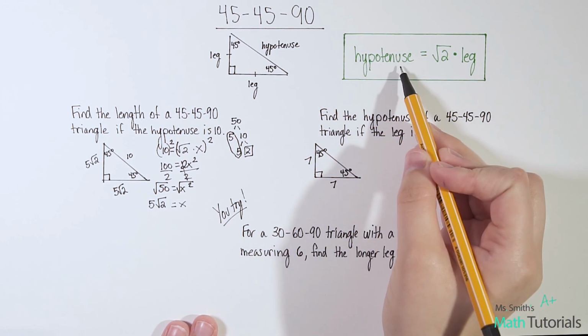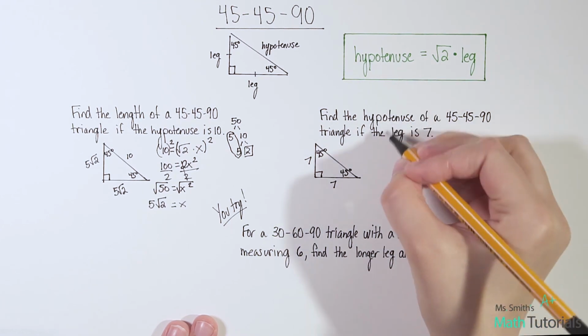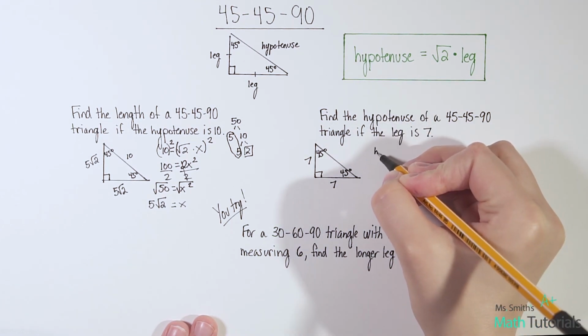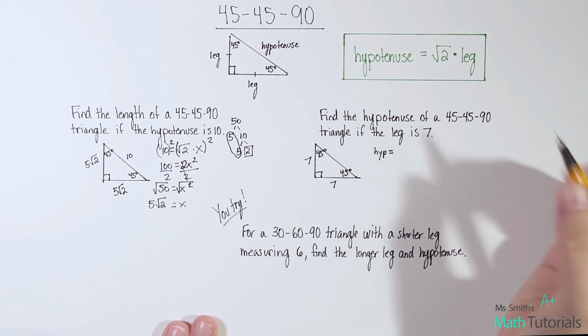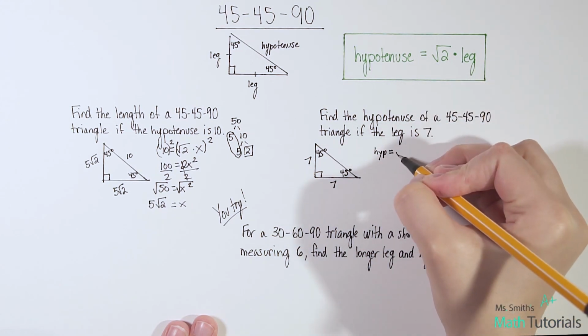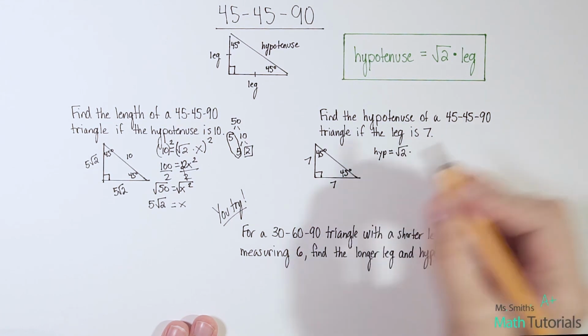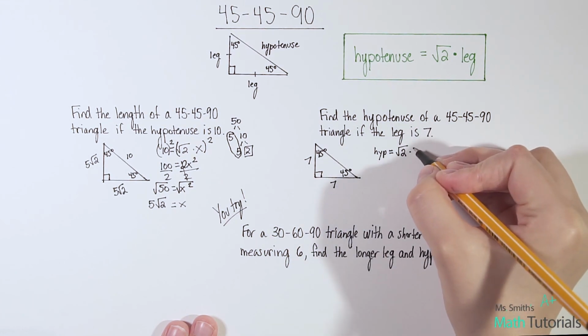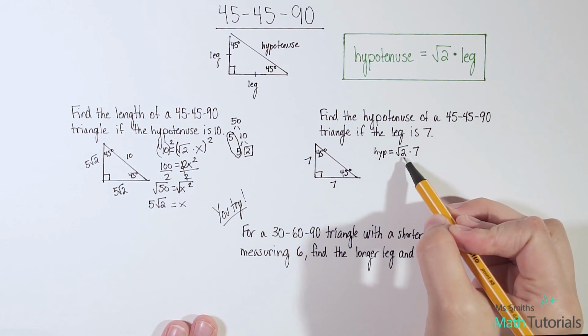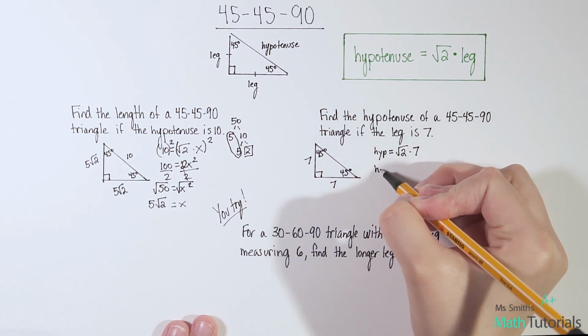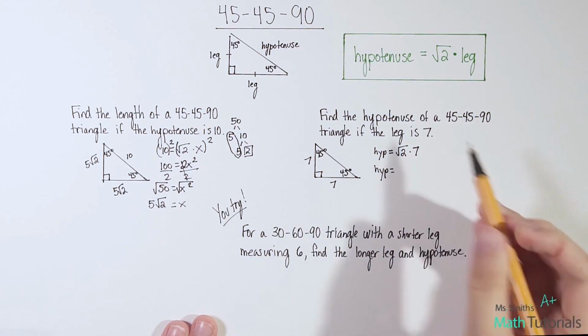So I'm going to use this formula, and I'm going to say the hypotenuse, and I'll just put HYP, right? The hypotenuse equals square root of 2 times a leg, 7. Right? So square root of 2 times 7, this is when these radical operations come in handy.